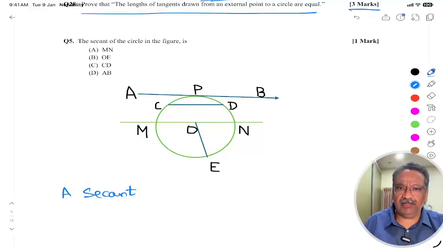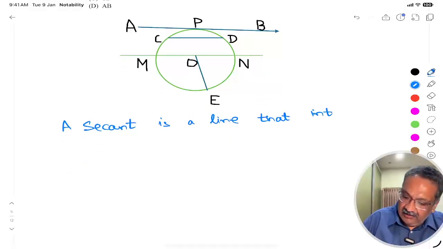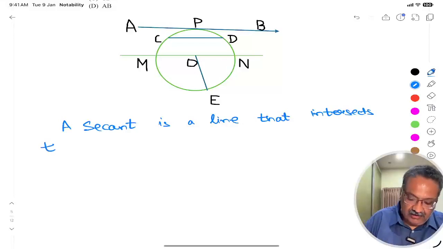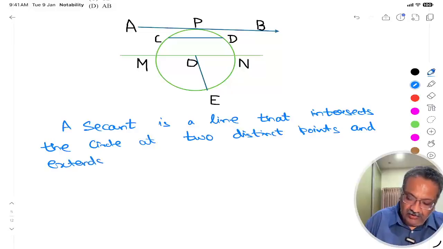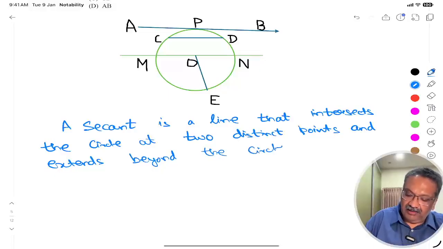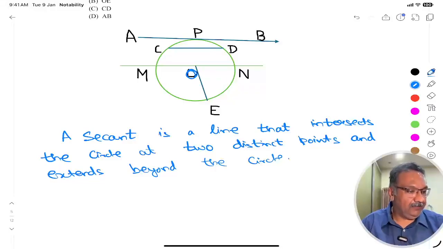I am just explaining so that you understand. See, a secant is a line that intersects the circle at two distinct points, and extends beyond the circle. It doesn't stop there. Correct? So here which is the two points, OE is touching at only one point. Correct? What is MN here?